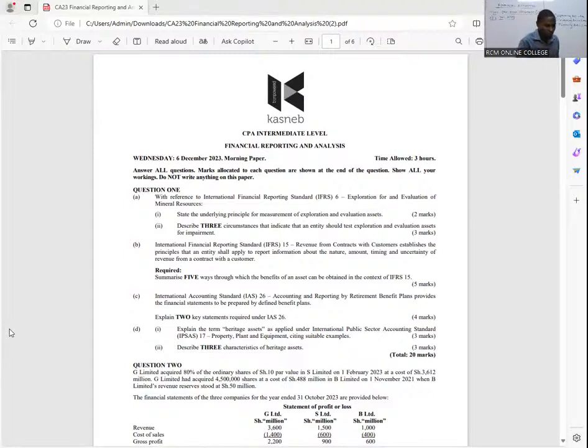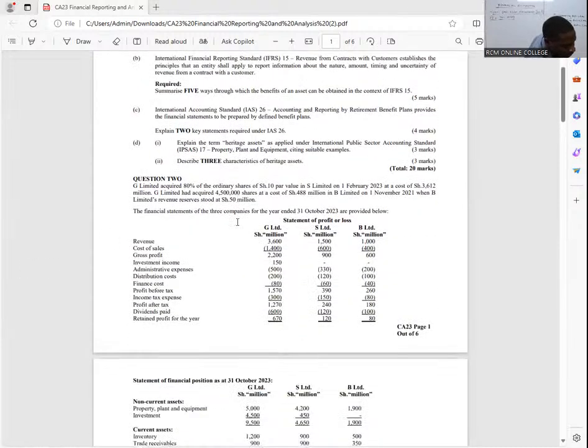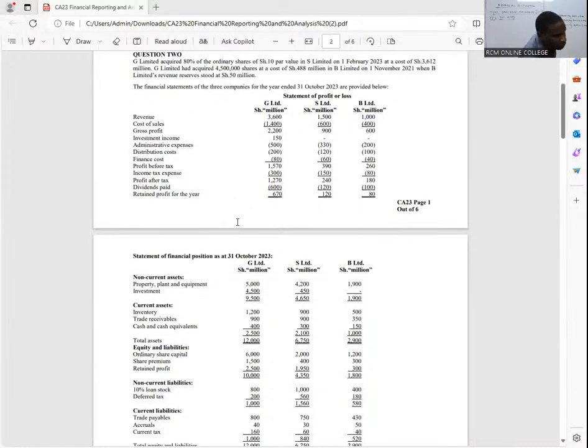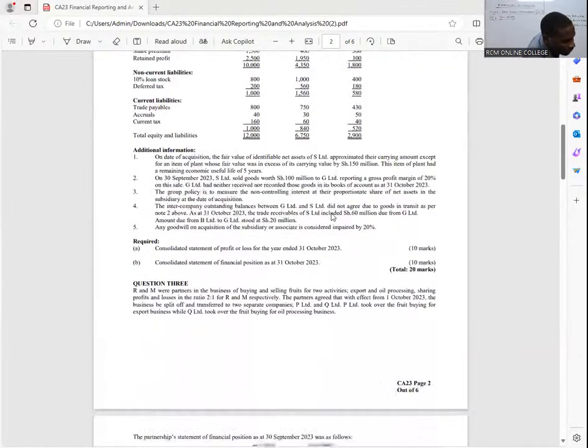Therefore, you need to understand the structure. Can you look at what they gave as question number 2? Even without reading, you can tell me what it entails. It is automatically a group consolidation question. Very easy. A group consolidation question where we have 3 companies.